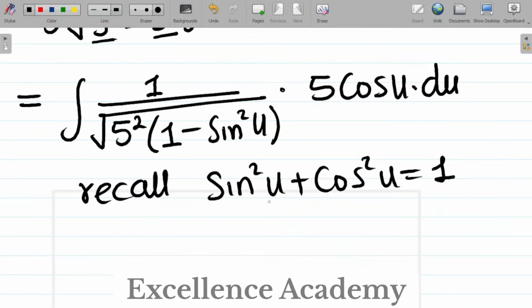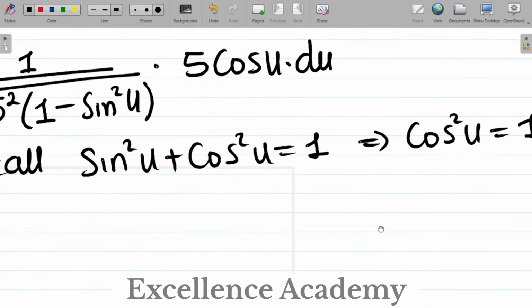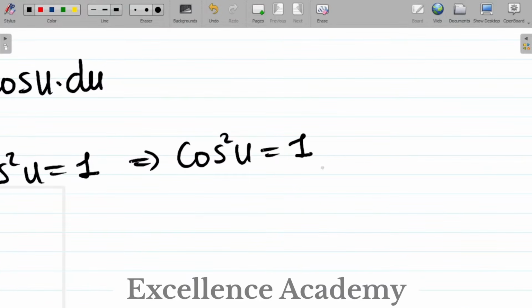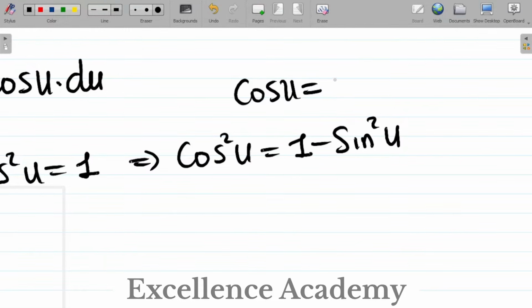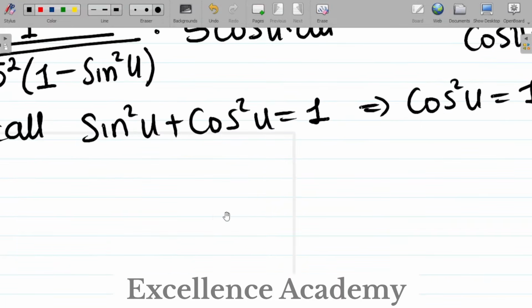So if I move sine squared u over, we have that cos squared u is equal to 1 minus sine squared u. To get cos u, I have to take the square root. So cos u is equal to the square root of 1 minus sine squared u. Whenever you see the square root of 1 minus sine squared u, that's equal to cos u.